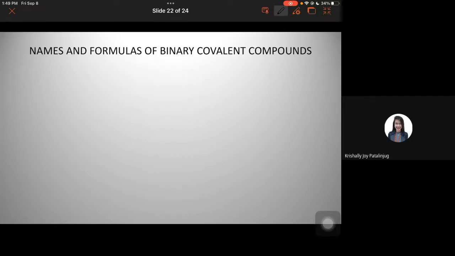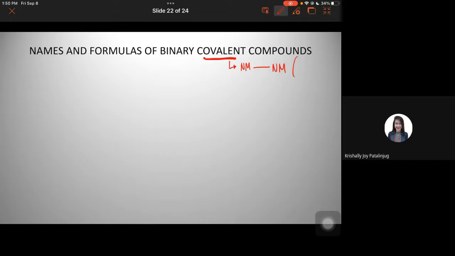So these are covalent compounds. When I say covalent compounds, they consist of nonmetals bonded to another nonmetal. When you examine the structure of the compound, it is said to be covalent if it consists only of nonmetals, two or more different nonmetals. That's a covalent compound.